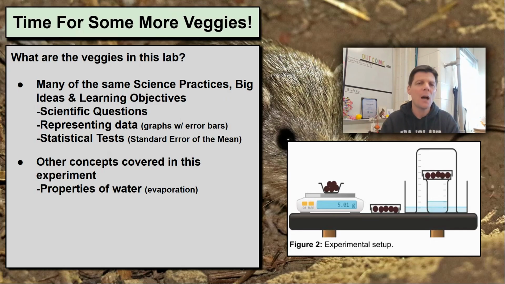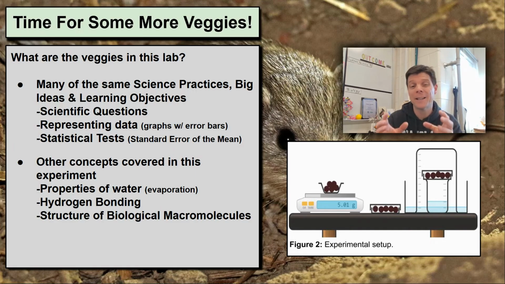And there's other concepts that are covered in this experiment. So they're learning properties of water. They're learning about evaporation. They're learning about hydrogen bonding. They're learning and connecting that to the structure of biological macromolecules, including the really important ones that are found in these seeds, which are carbohydrates, lipids, and proteins.